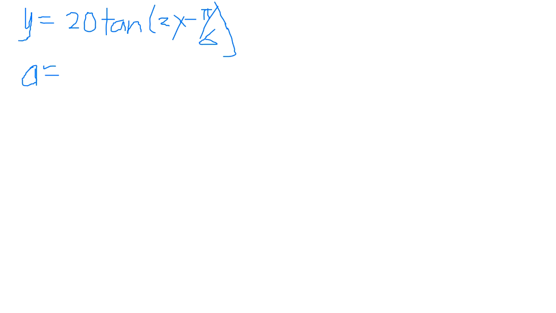Okay, we are going to go on. Now, let us know that a tan graph has no amplitude. No matter the number in front of the trig, a tan graph has no amplitude.